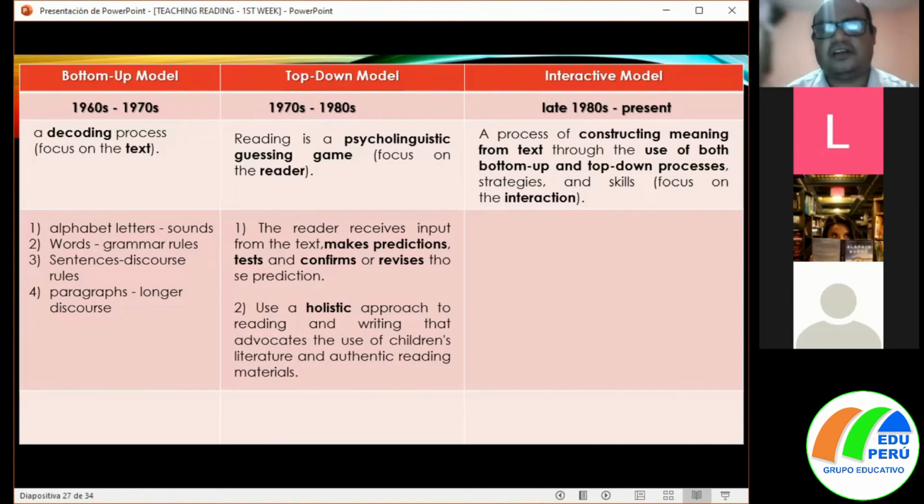And the second one is that the reader uses a holistic approach to reading and writing that advocates the use of children's literature and authentic reading materials. So the secondary literacy. That's why here it says a holistic approach to reading and writing. And what are they going to use? Authentic reading materials.